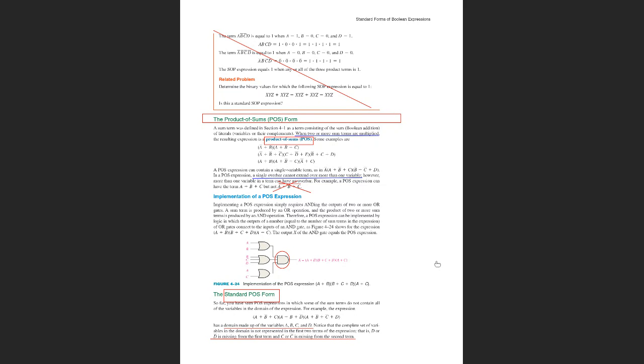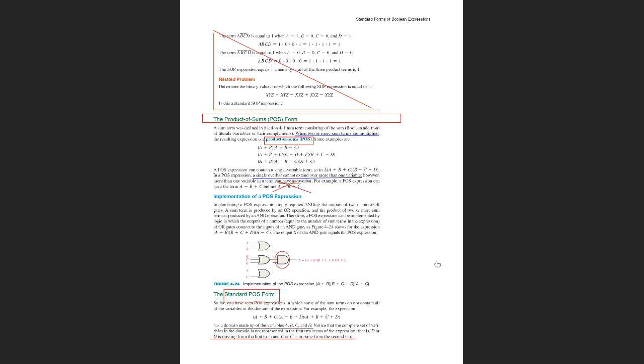So when we have a domain, in this example of 4 variables, A, B, C, and D, the standard POS form requires that all 4 variables appear in a sum, which is not the case in this example because the first sum is A plus not B plus C, D is missing here. Then in the second sum we have A plus B plus not D, and C is missing.